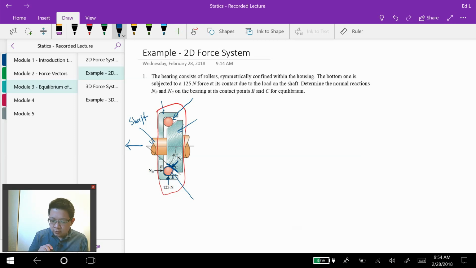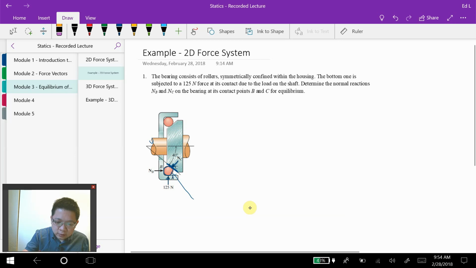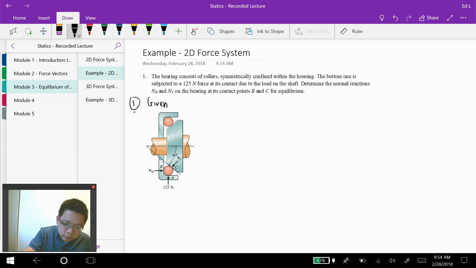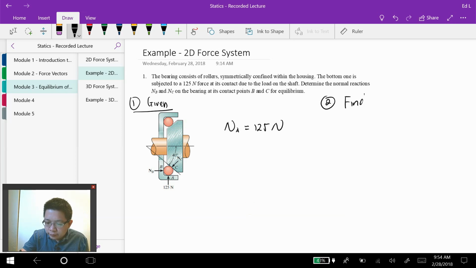Let me erase this figure so that it's not that crowded. In this problem we know that NA is 125 Newton, and we have to find the contact forces at B and at C, which are NB and NC.